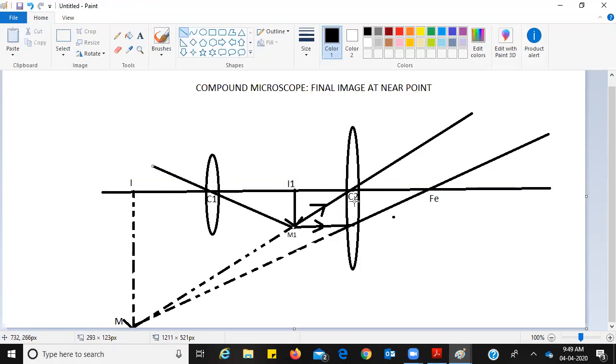Here I decided a height. Here also I'm deciding a small height because it has to be small. I will take this height to be less than this particular height. So the second light ray from here will meet somewhere here. Then here I made it parallel, right? Here also I'm going to make it parallel, like this. So now this is the actual object.